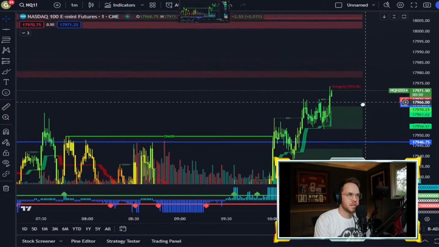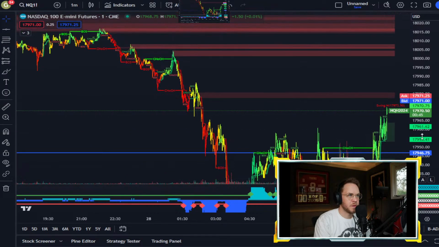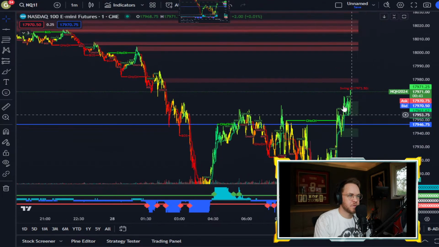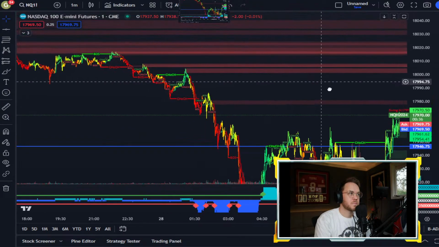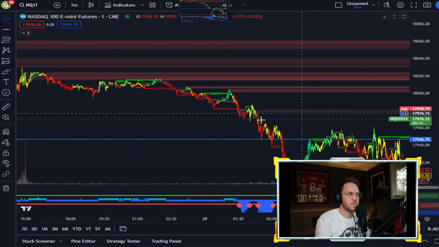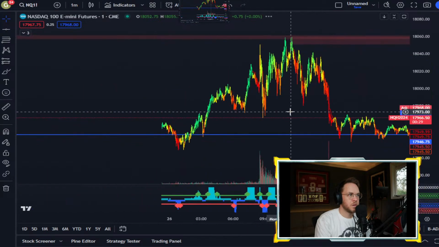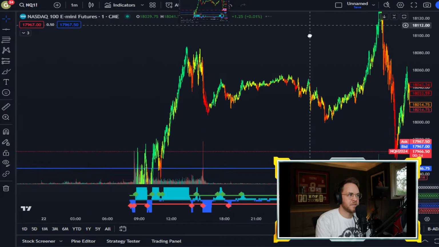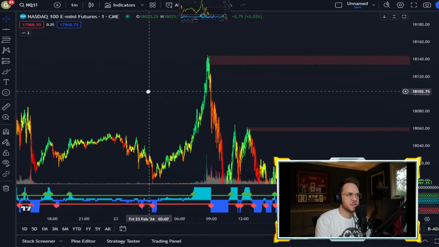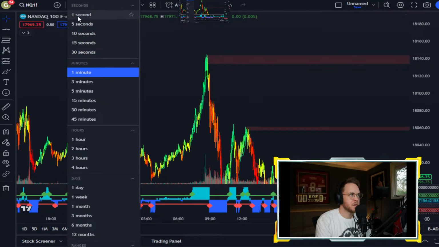All right, let's see. We have a very weak order block up here. The fact that we just flew through all of those order blocks right in here was nuts. You can see this goes back a few days, but we are definitely getting pretty close to all-time highs up here.